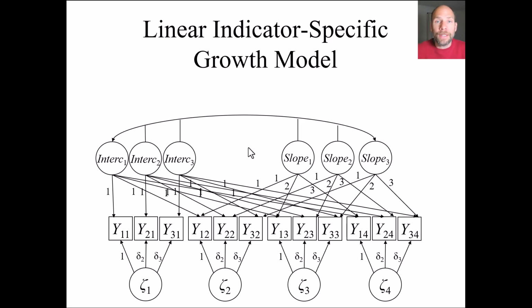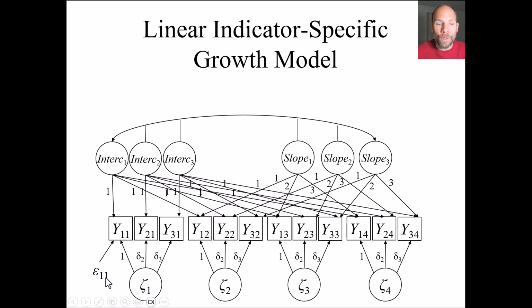And in a single indicator growth curve model, such reliable but situation-specific effects would be confounded with measurement error and would be all lumped together in the epsilon variables, whereas here they can be separated because we have multiple indicators, and so we can assume that they share the same situation-specific variation. And so we have epsilon then in addition to the zeta factors for each indicator.